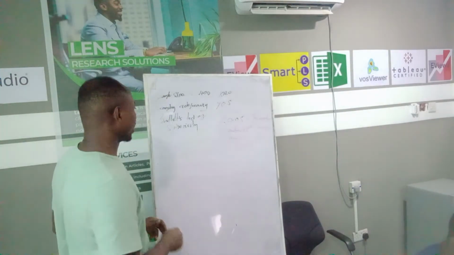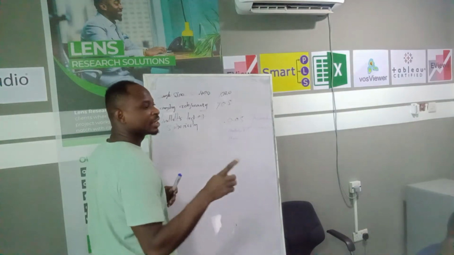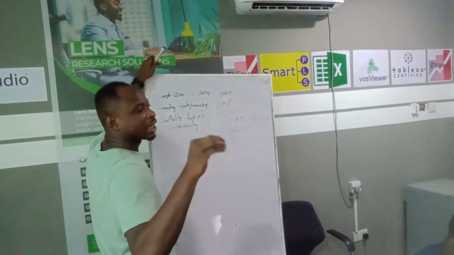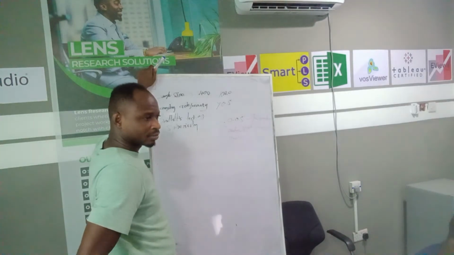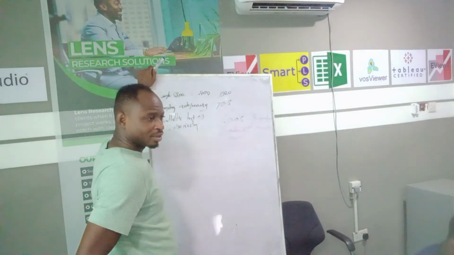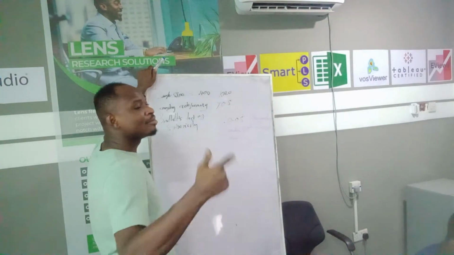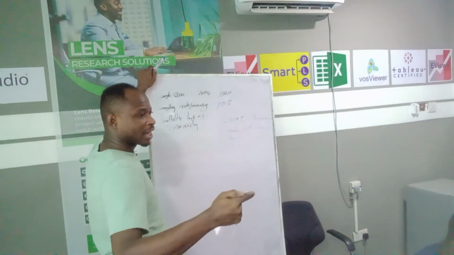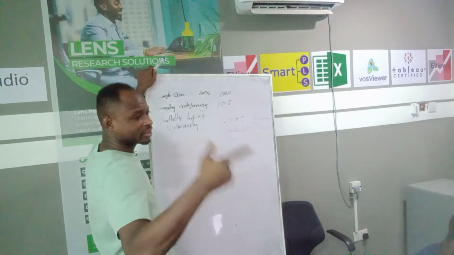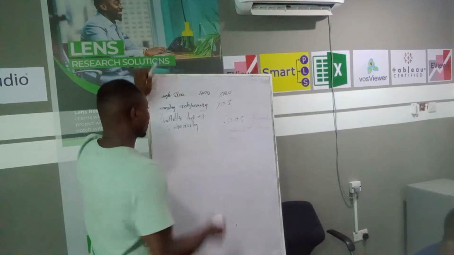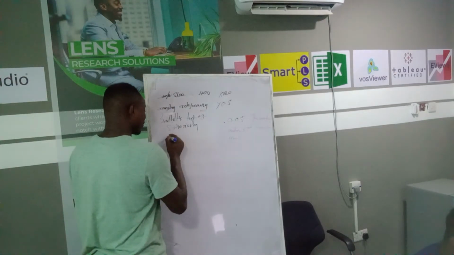So one, how many variables under this factor? How many variables can form a construct? You know the construct is made up of a number of variables. How many variables are supposed to form a factor? Under this, you say there are 4.